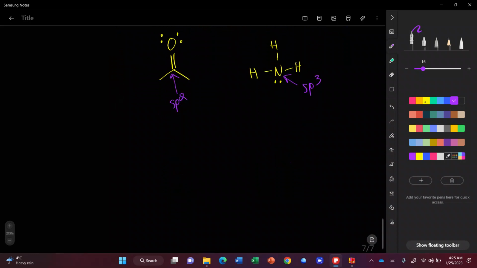Okay, let me give you an example of what I mean when I say something that looks like it would be sp3, but because it can resonate, it's actually not sp3. This molecule is called tetrahydrofuran. If I asked you to tell me what the hybridization and the geometry of the central oxygen was, if you didn't know that little rule, you might say, okay, well, this oxygen has one domain, two domains, three domains, four domains.